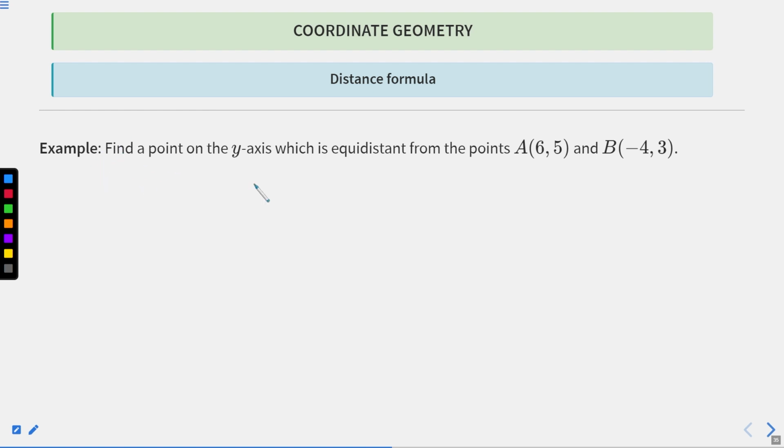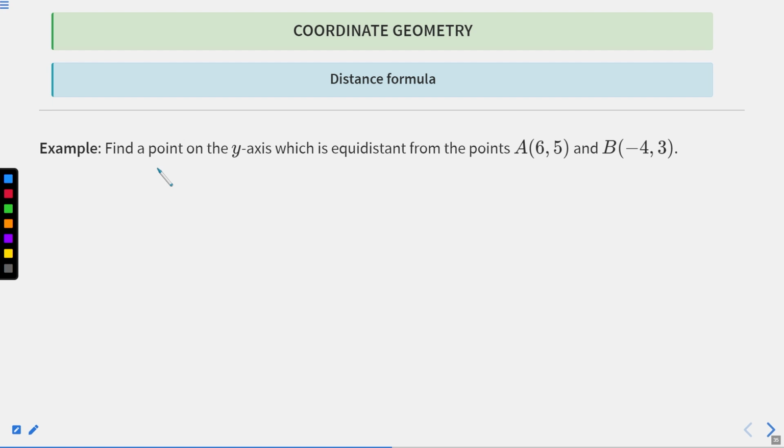Here in this example, we have to find a point on the y-axis which is equidistant from the points A 6,5 and B minus 4,3. Okay, so here we know any point on the y-axis is of the form 0, y.